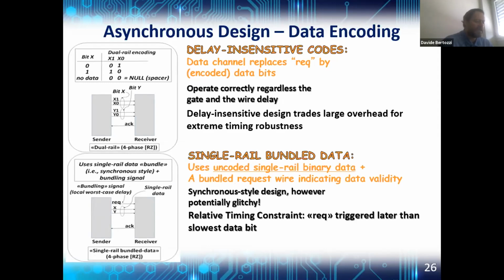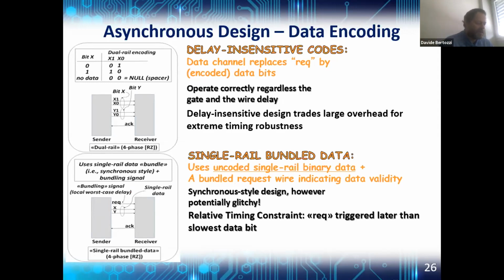Alternative data encoding schemes, such as single-rail bundled data, illustrated here, in principle offer higher coding efficiency and lower energy per bit. Because this approach uses a standard synchronous style single-rail data channel with binary data encoding. So we are using a synchronous data channel.